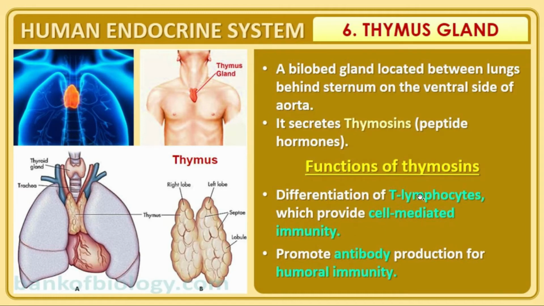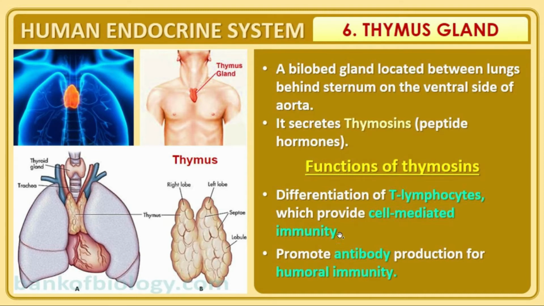The lymphocytes give immunity power to our body, and it promotes antibody production for humoral immunity. The T lymphocytes help the B lymphocytes produce antibody, giving more immune power. Humoral means fluid immunity, blood. Is it clear?